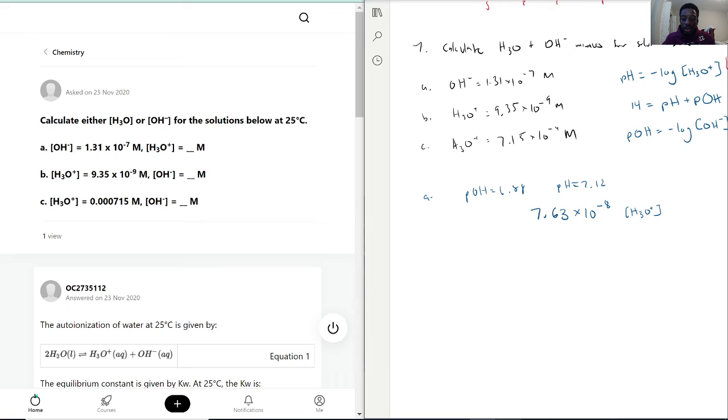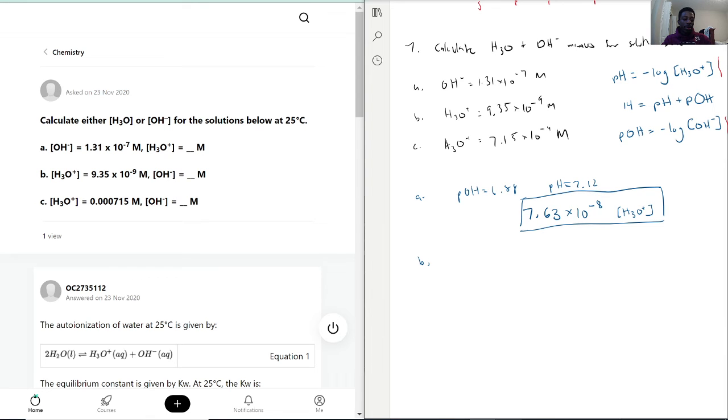For B, now we do the same thing. We start with H3O, we want to get to OH minus. So now we first find the pH by negative log of 9.35 times 10 to the negative 9. And we get that the pH is 8.029. And to convert that, 14 minus that answer, pOH is equal to 5.97.